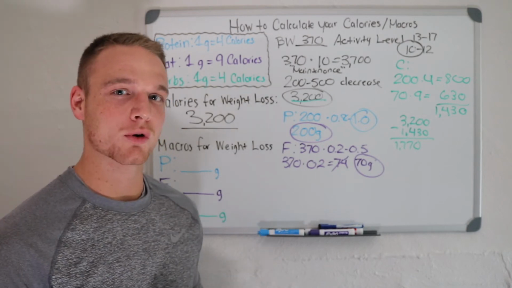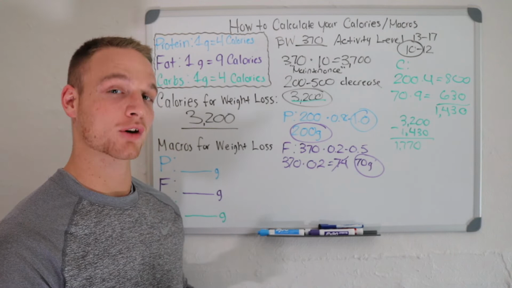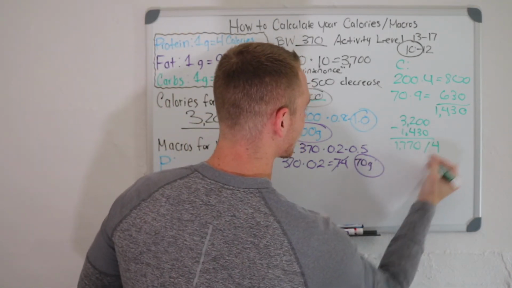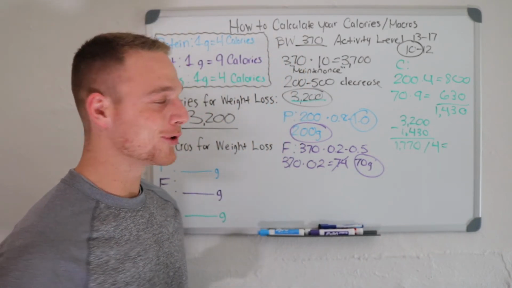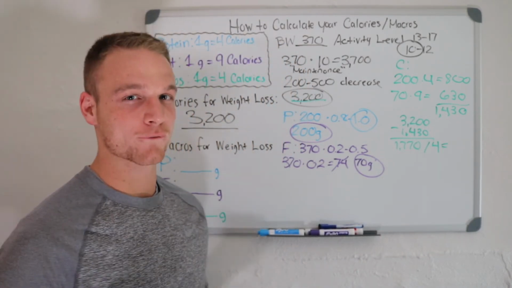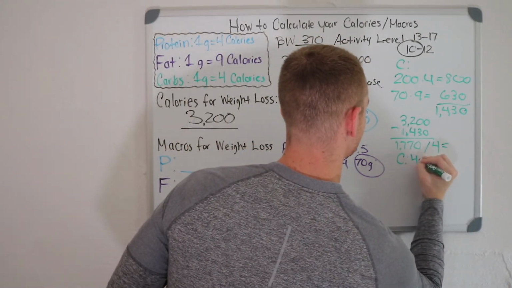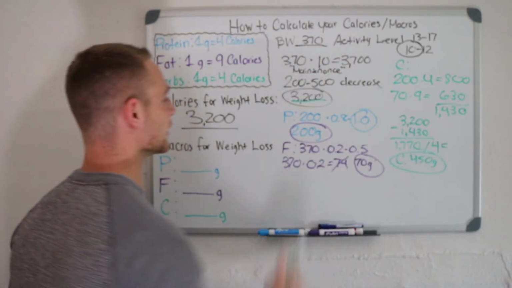Like I mentioned before, 1 gram of carb is 4 calories. So what you're going to do with this number is divide it by 4, and you get, I believe, like 442. I went ahead and called that 450. So there it is.